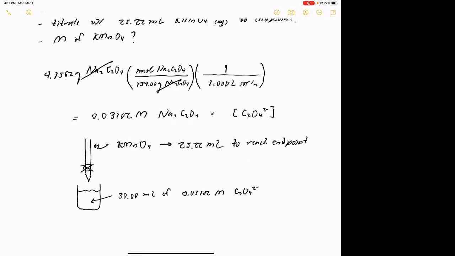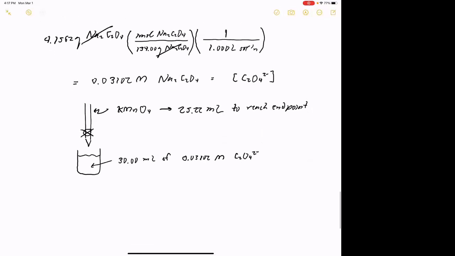So now, do I have everything I need to know to get to the concentration of the permanganate? Sure I do. In a calculation like this, we always start from what we know. What we know is the volume and the molarity of the oxalate. So let's go ahead and write that down. I've got 30.00 milliliters of C2O4 2-, for my oxalate.